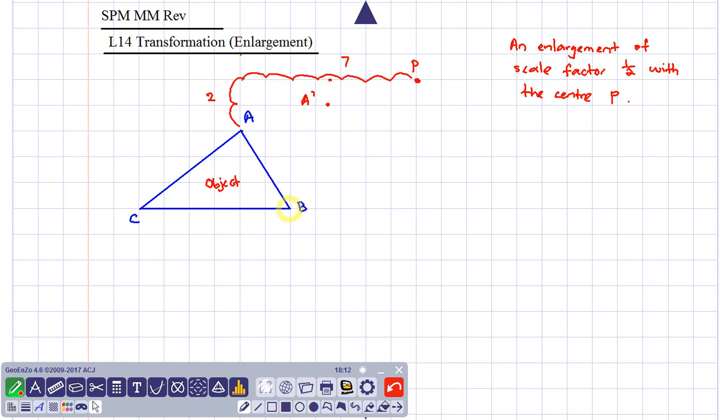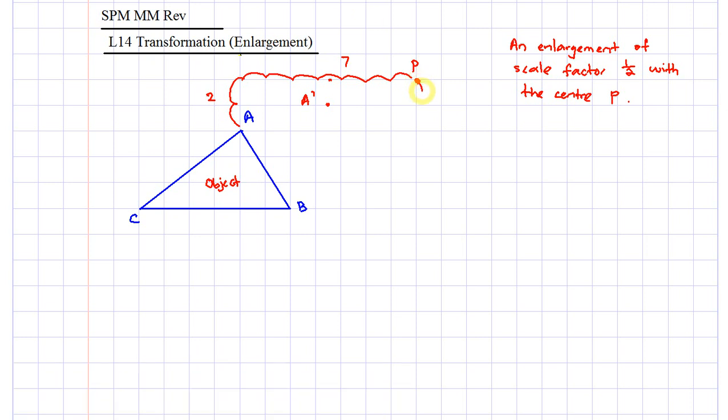So how about B? For B, you can start calculating from the center, or you can also calculate from here. Let me show you both methods. Let's say I calculate from the center. 1, 2, 3, 4, 5.